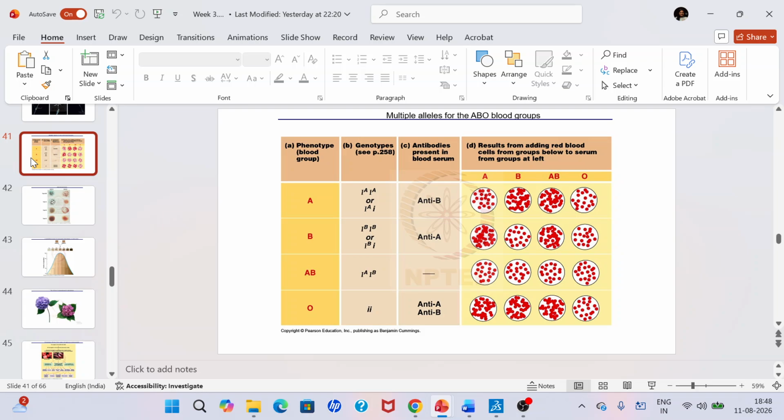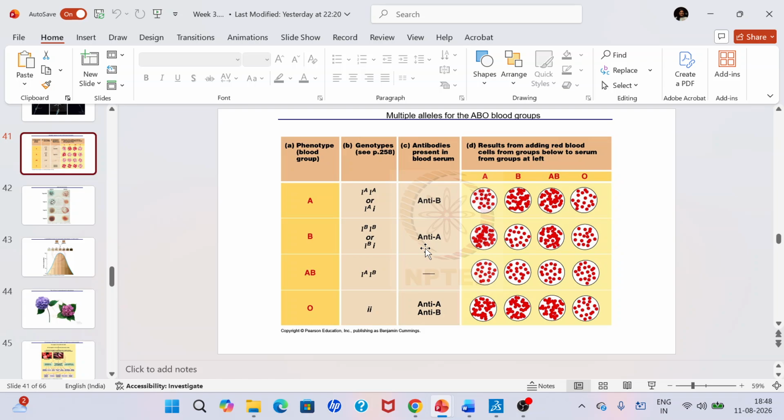Then the multiple alleles for ABO blood group. Here A and B are co-dominant alleles over O. Whenever IA, or IA with small i, is present, the phenotype we will get is A blood group. When IB, or IB with small i, is present, we'll get B type blood group.